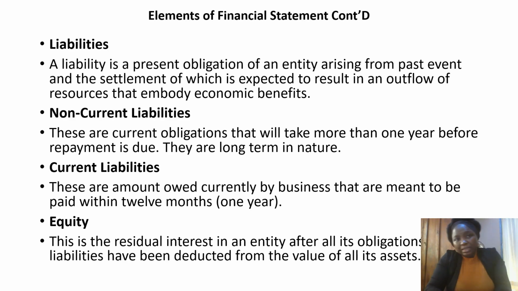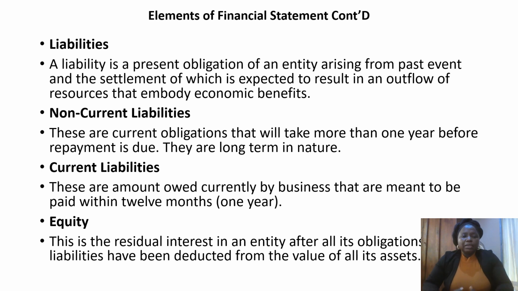subsequent accounting year end. So by definition, liability is the direct opposite of what an asset is. We describe a liability as a present obligation of an entity arising from past events and the settlement of which is expected to result in an outflow of resources that embodies economic benefits.